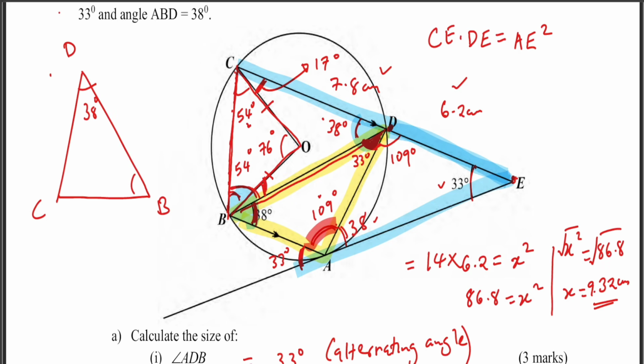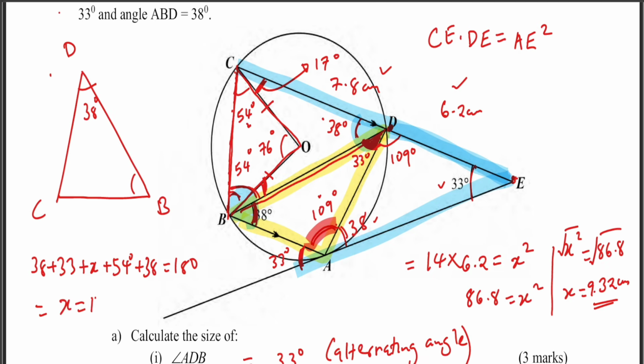So therefore I'll take 38 plus 33 plus a small angle x, add to 54, then add to 38 gives me 180. So 38 plus 38 plus 54 plus 33 gives me 163. If I take 180 minus that, the x value will be 17 degrees.